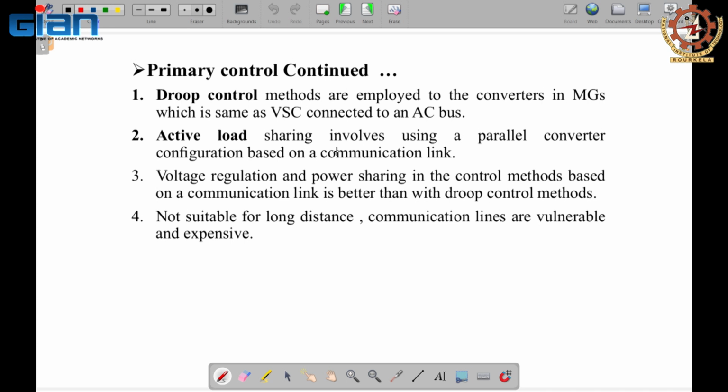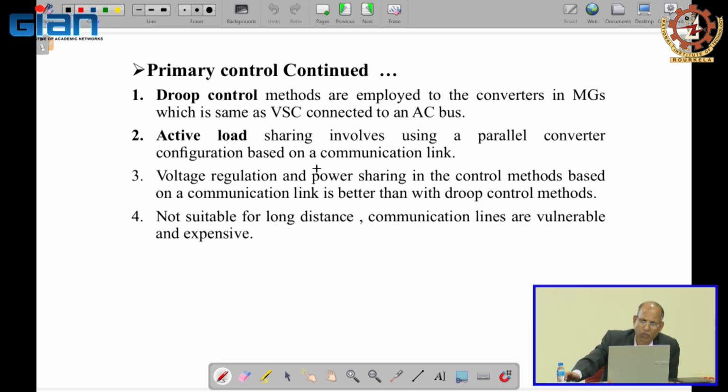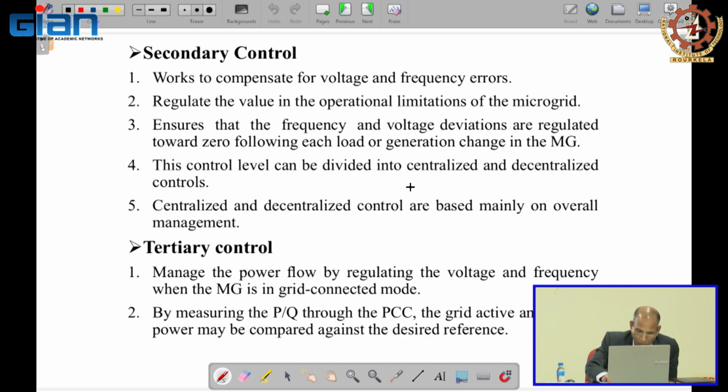If you want to share the load between the different generators, how are we going to do that? The voltage regulation is another one of the quality parameters. That voltage regulation we have to maintain within the specified limits. So that we have to follow.